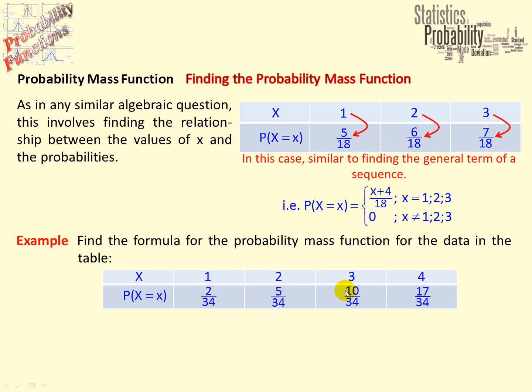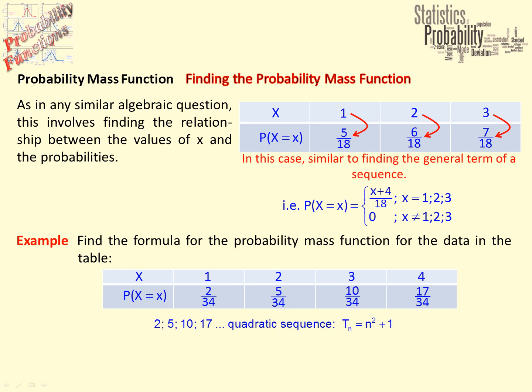First difference 3, 5, 7, second difference 2, common second difference, so it means it's actually a quadratic sequence. And if we use your knowledge of quadratic sequences, you end up with Tn equals n squared plus 1. So there's the formula for 2, 5, 10, 17.